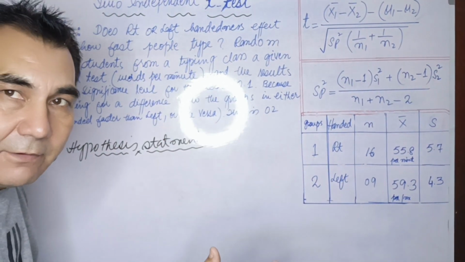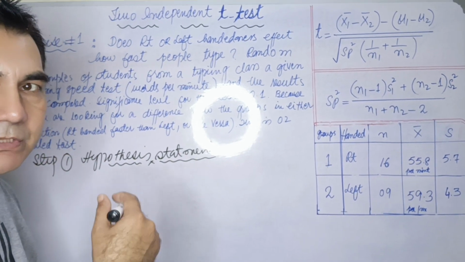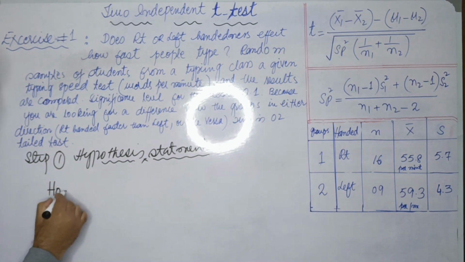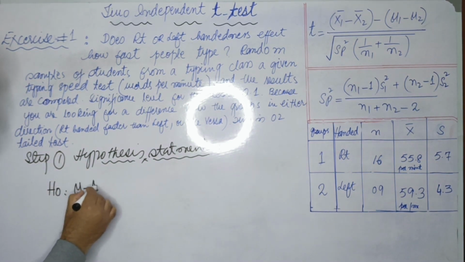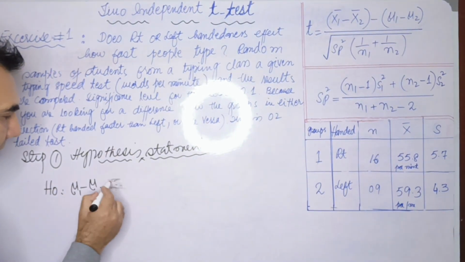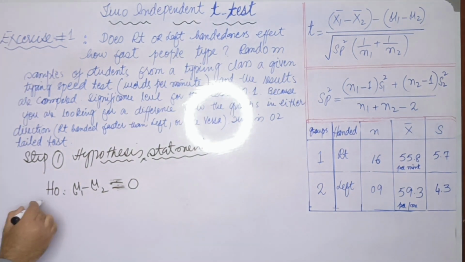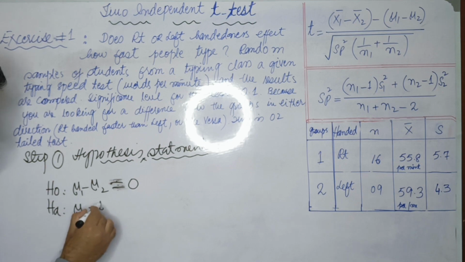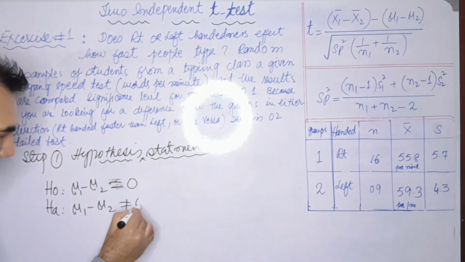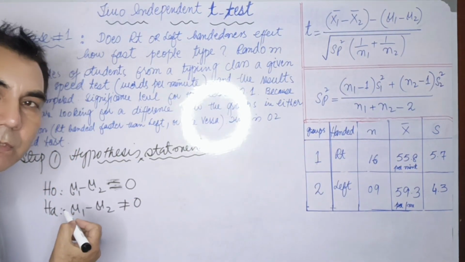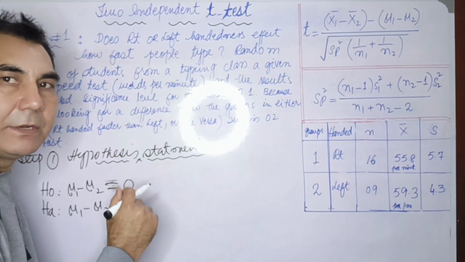It is either left-handed or right-handed, so it is a two-tailed test. So how will we write it? H naught: mu1 minus mu2 is equal to 0. Then the alternate hypothesis: mu1 minus mu2 is not equal to 0.